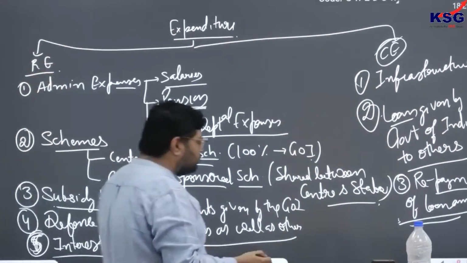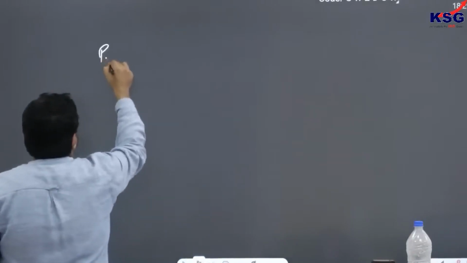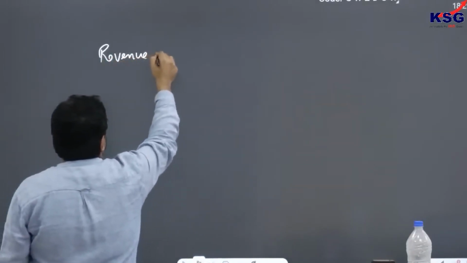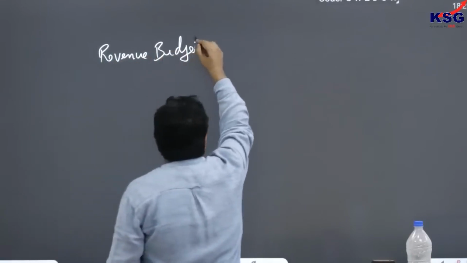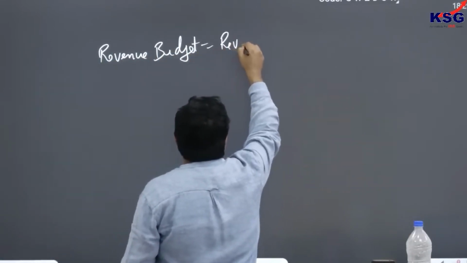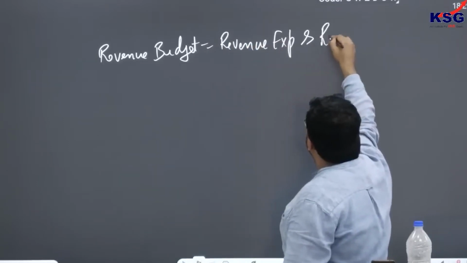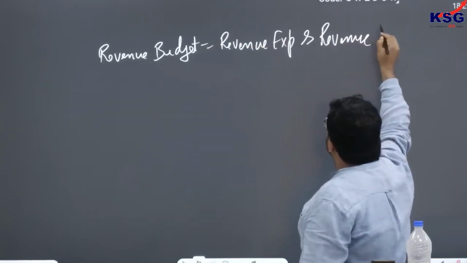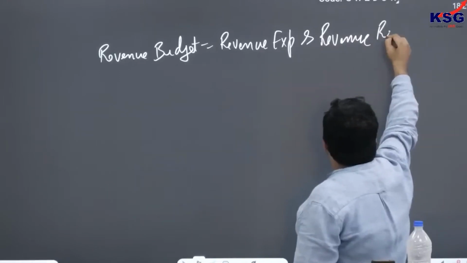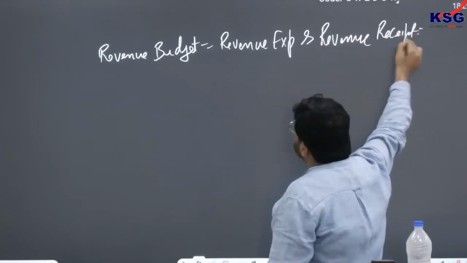So अगर आपसे कल को पूछ रहे which of the following is or are part of revenue budget, so revenue budget is nothing but, you can say, revenue expenditure and revenue receipts. So that is revenue budget.